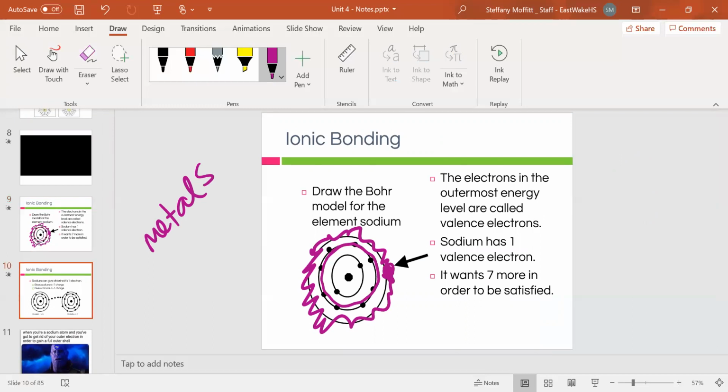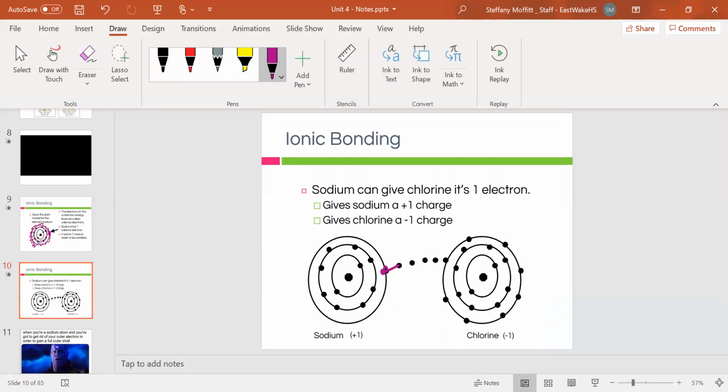So it's going to get rid of that 1, and it's actually going to donate that electron to another atom, and that atom will have like 7 or maybe 6 valence electrons, and it's going to want to take that 1 and create 8 on that outer energy level.